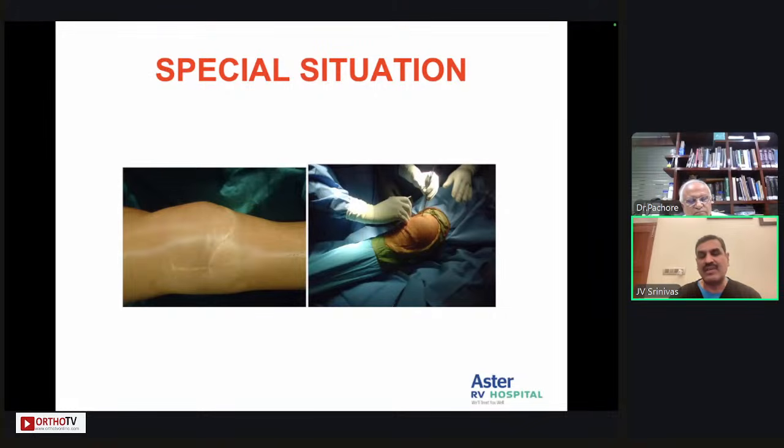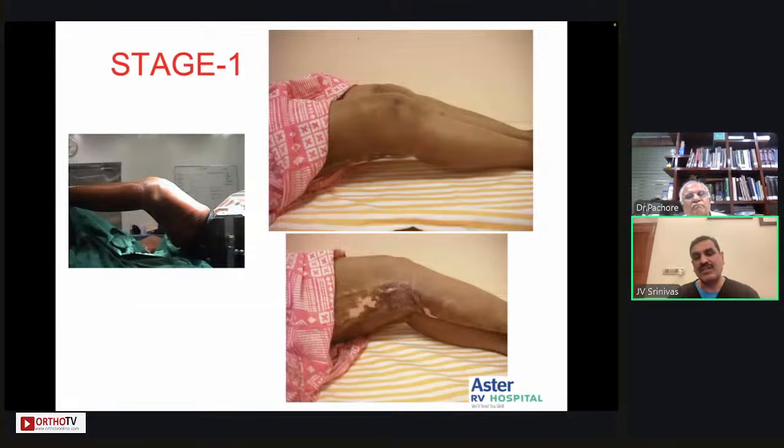And these scars will definitely reduce your range of movement post-surgically. So you need to plan all your incisions with the help of a plastic surgeon. And if you see this patient, a patient with rheumatoid arthritis, with a burn scar on the popliteal fossa, the patient is not having complete extension because there's a huge scar behind the knee.